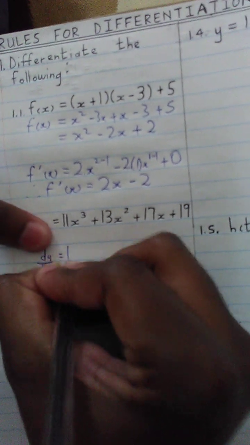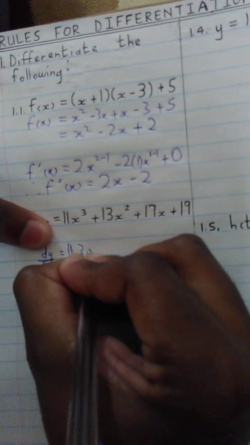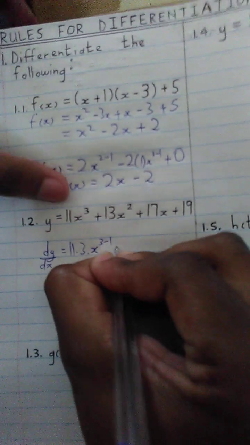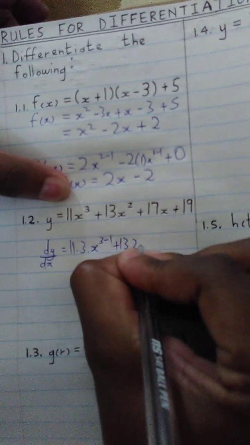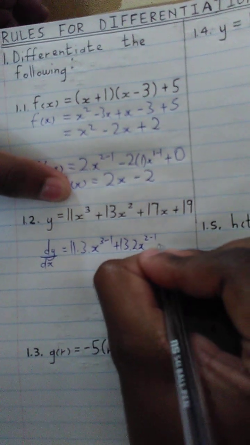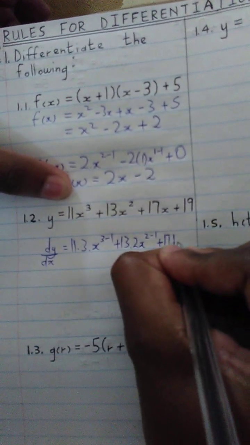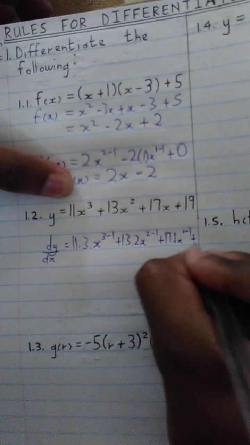So it's going to be 11 times exponent is 3, x to the power of 3 minus 1 plus 13, exponent is 2, x to the power of 2 minus 1 plus 17, exponent is 1, x to the power of 1 minus 1. The derivative of a constant is 0.